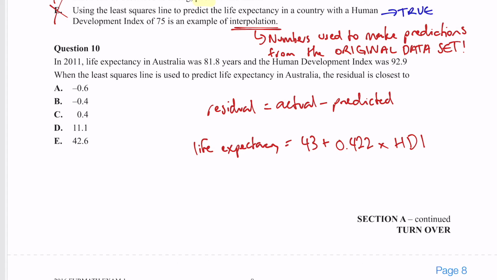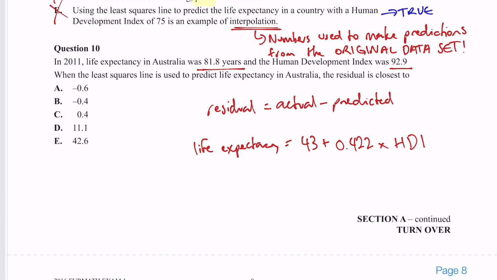Alright, question 10. In 2011, life expectancy in Australia was 81.8 years, and the HDI was 92.9. When the least squares line is used to predict life expectancy in Australia, the residual is closest to.